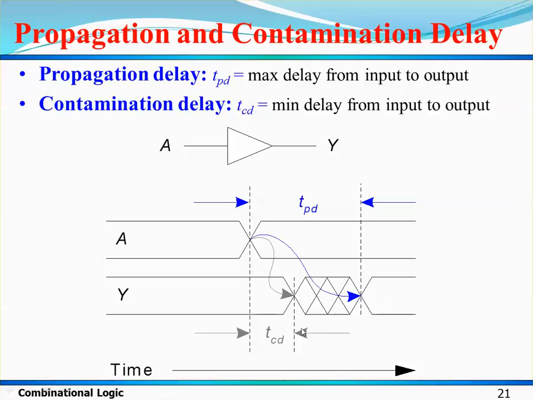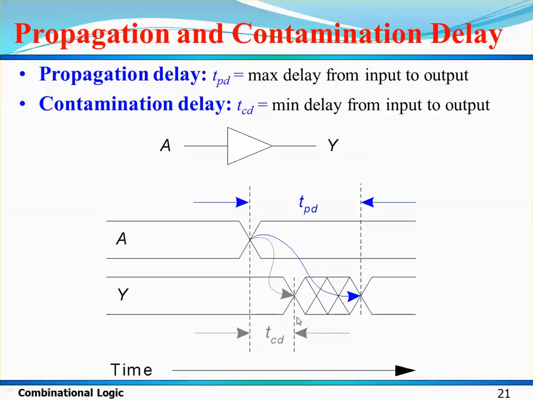That is the minimum delay, the start of that change, and this delay is called the contamination delay. And the total delay for the stable output is called the propagation delay. So propagation delay is the total delay for the stable output. Contamination delay is the delay where the change of output is started.